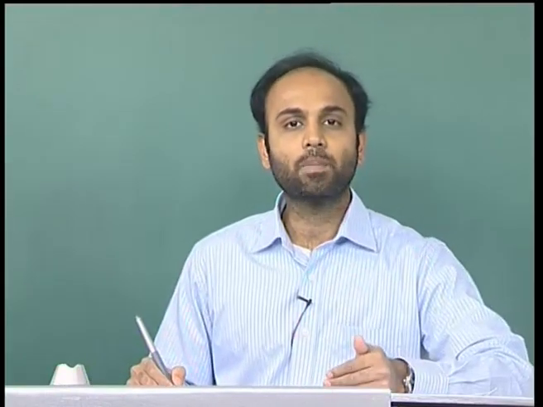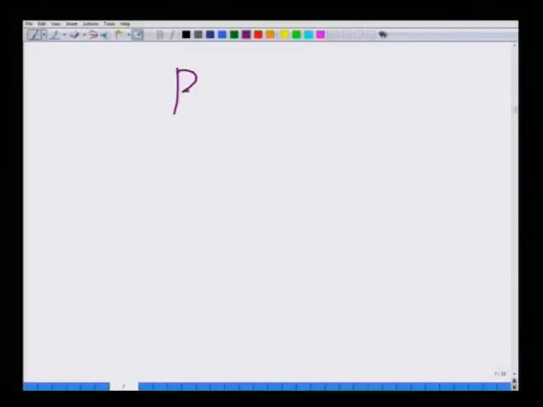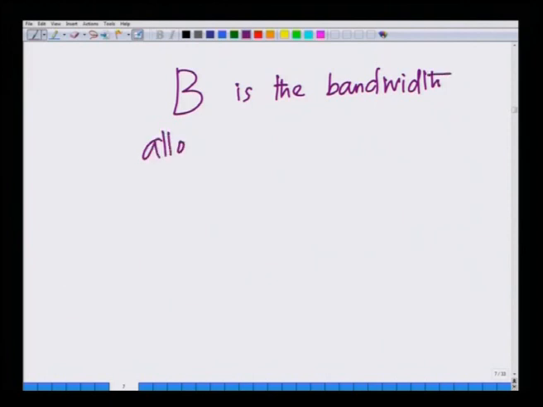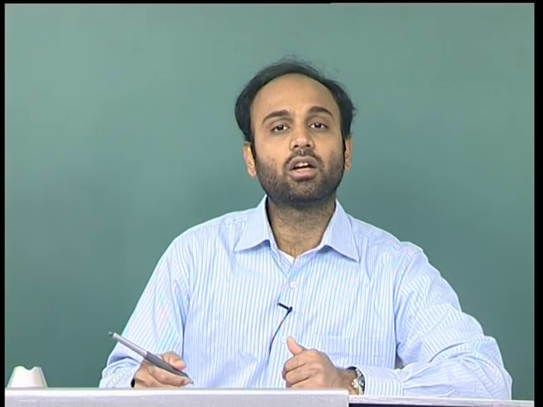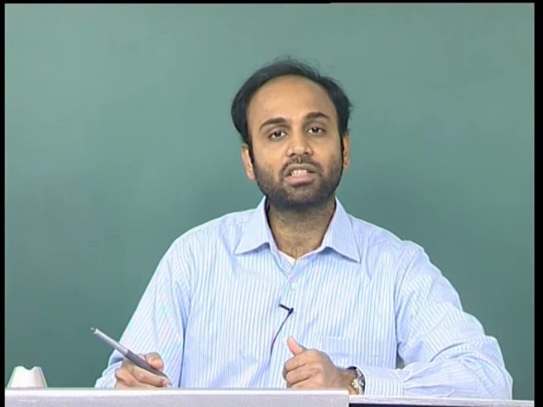If I have a frequency band B, the bandwidth allocated to the cellular operator, I can only use a fraction of that bandwidth in each cell in 1G and 2G systems. Typically, that fraction is 1/7. This is also known as frequency reuse factor.